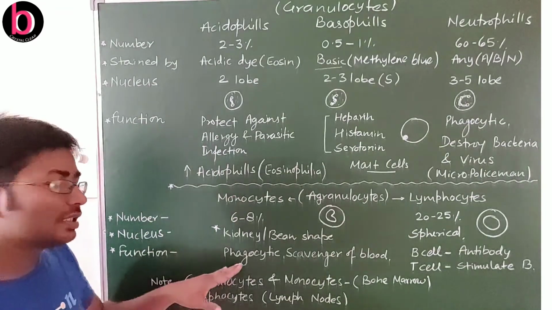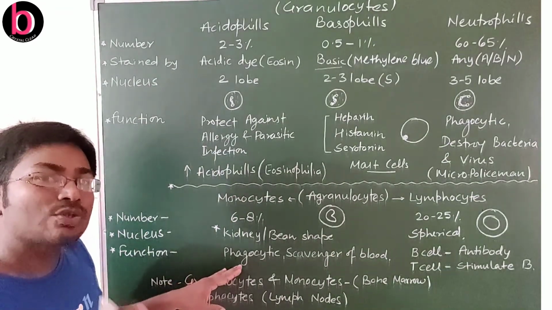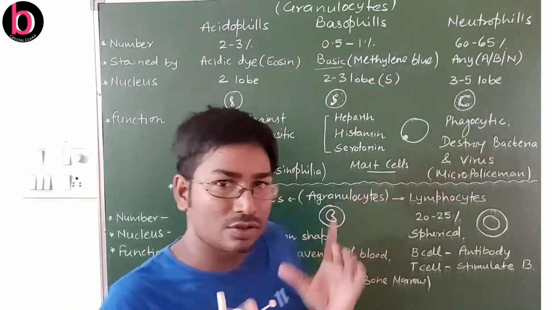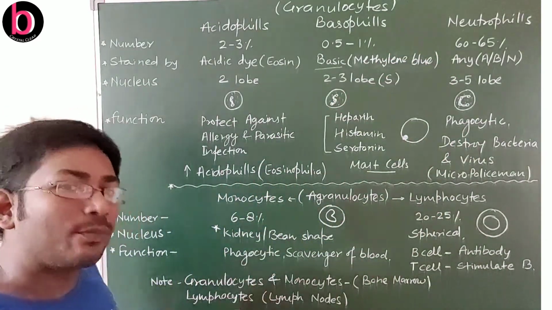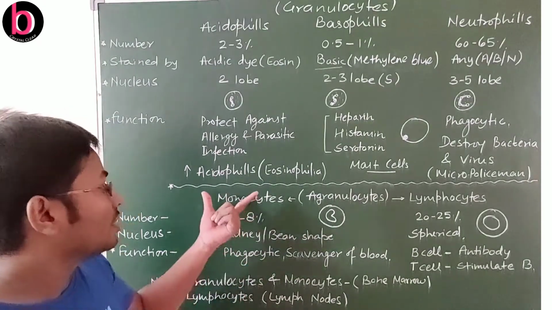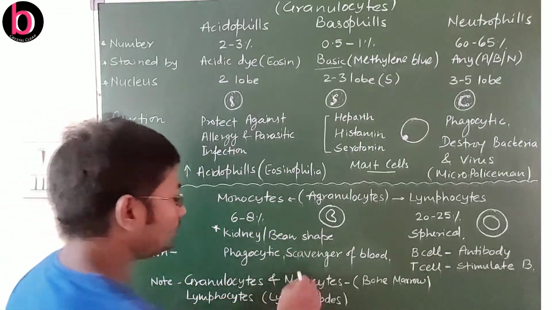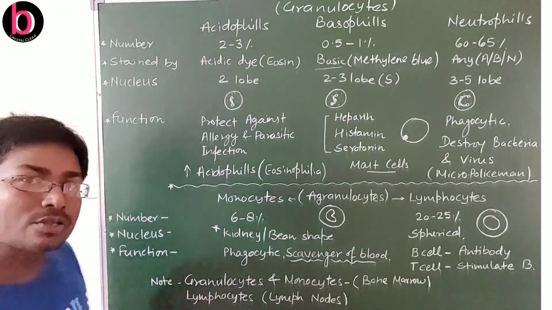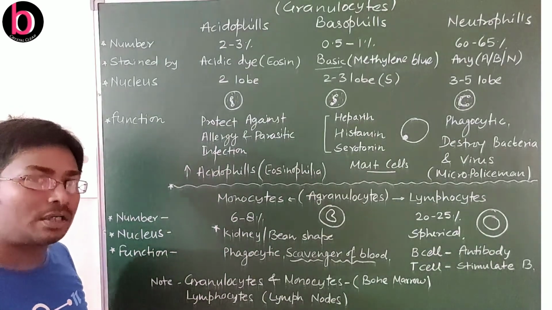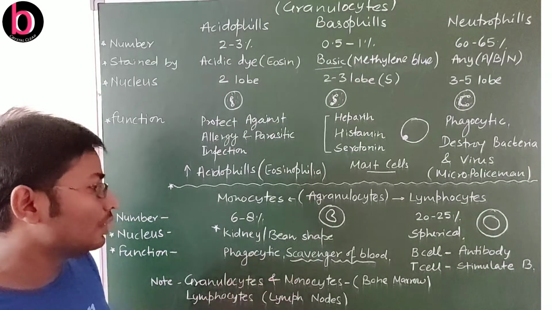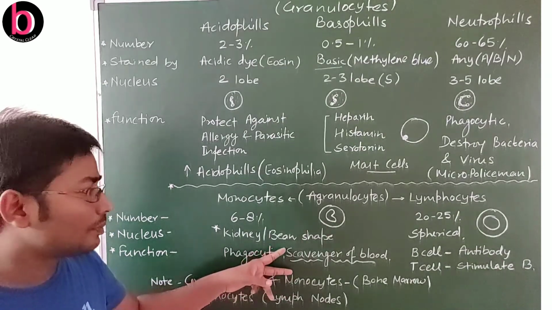Monocytes are again phagocytic in nature, just like neutrophils. So neutrophils and monocytes are both phagocytic in nature. Monocytes are also known as scavengers of blood. They also eliminate or destroy the dead or decaying cells of blood. That's why they are known as scavengers of blood.